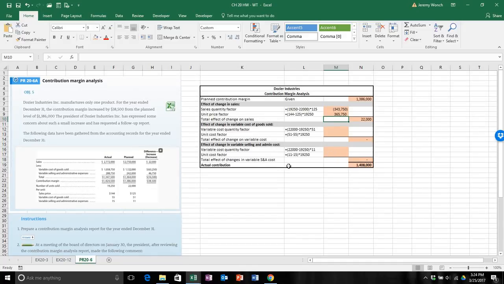Then looking at the variable cost of goods sold, the difference because they sold fewer units would be the units they planned on selling minus the units they actually sold times their planned cost per unit.